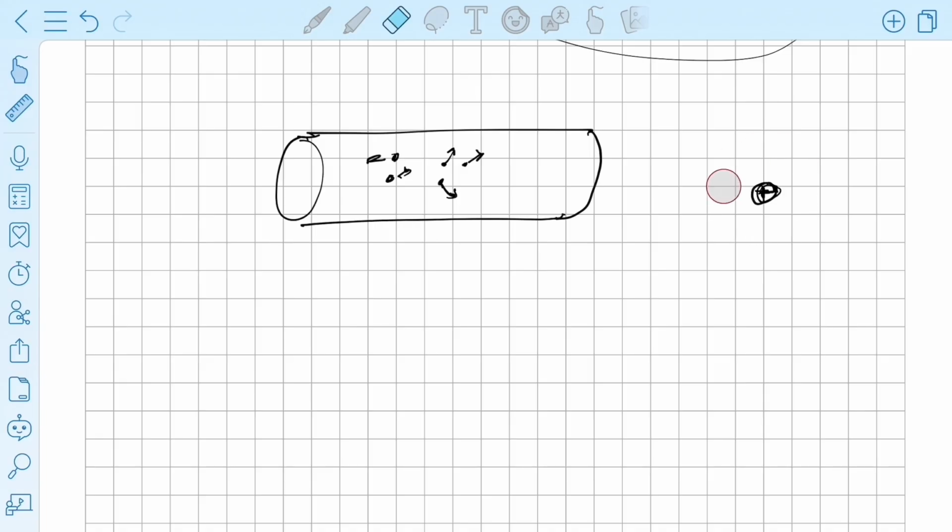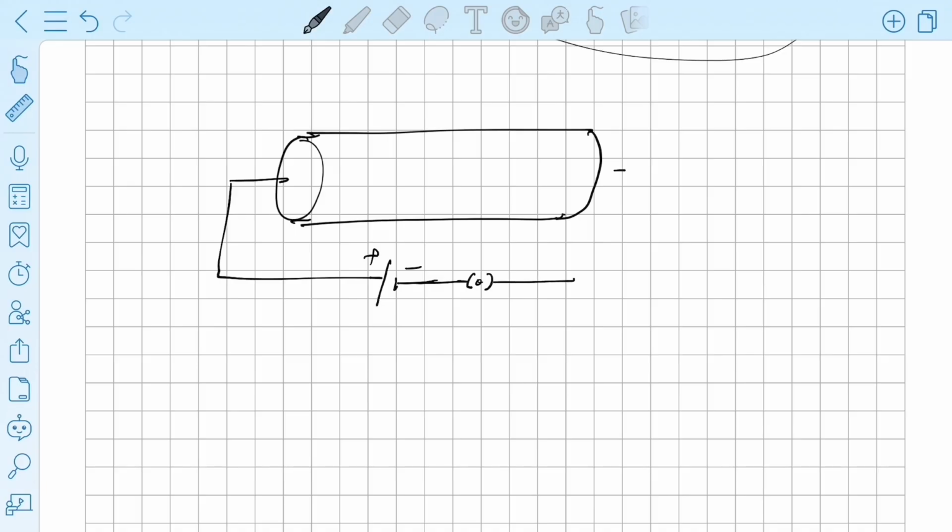Now when we apply an electric field, or let us say we connect this conductor with a battery, this is positive, this is negative. Suppose this is an electron, and this is the nucleus of the atom, and this is the outermost electron.